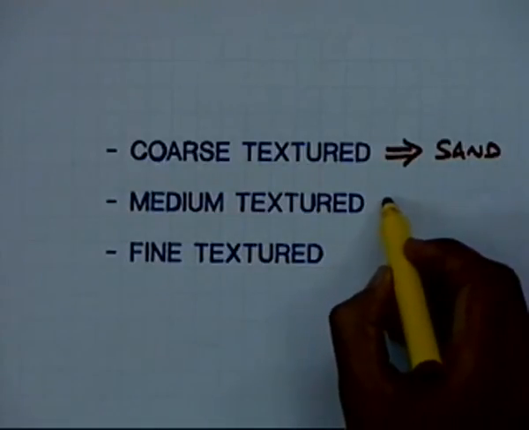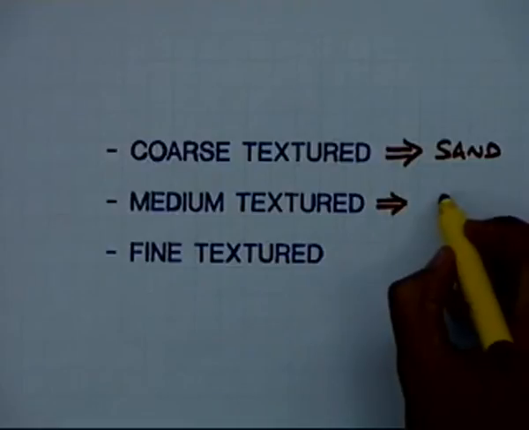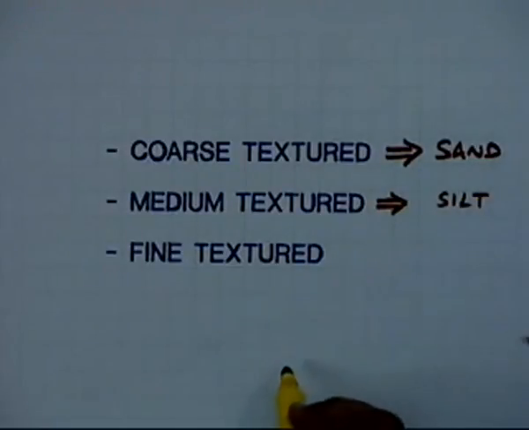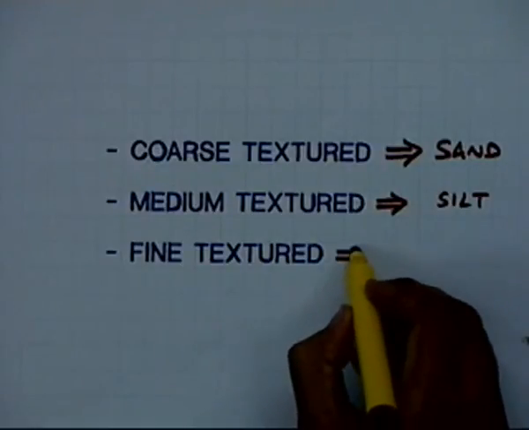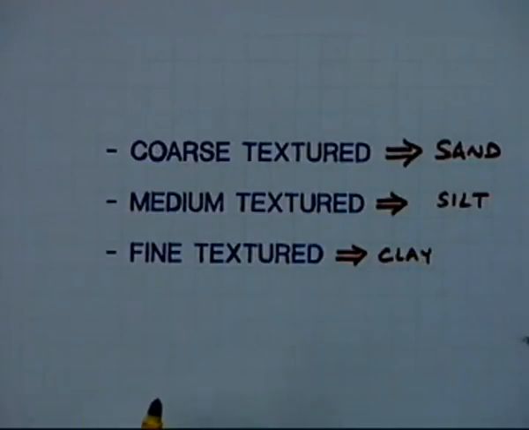The medium textured soils are more silt predominant, and they can also be termed as loamy or medium soils, and fine textured soils are clay predominant, and they are also termed as clay or heavy soils.